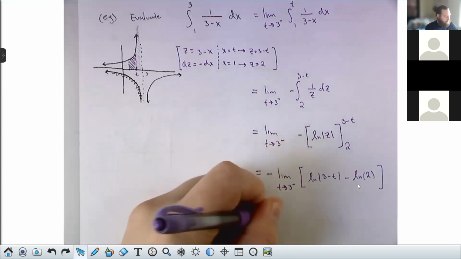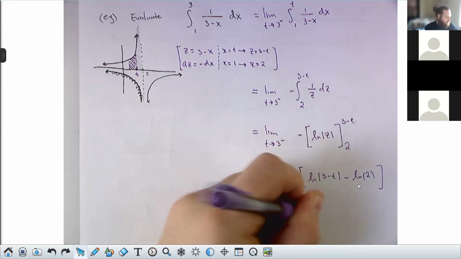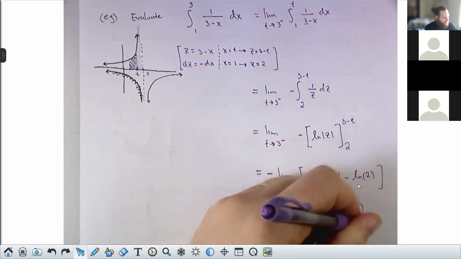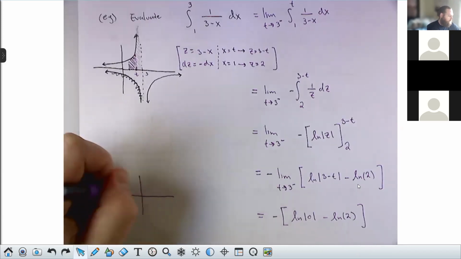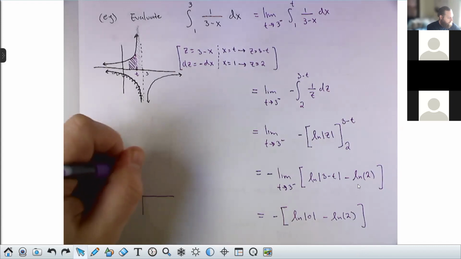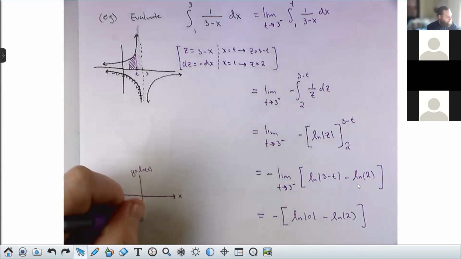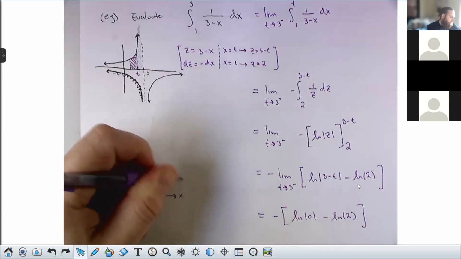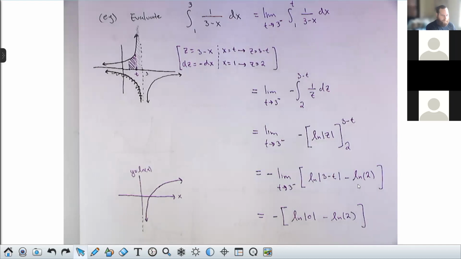Let me just plug this stuff in and we can write it down symbolically and then think about it. So this is going to be the natural log of the absolute value of 0 minus the natural log of 2. And if we think about what the graph of the natural log function looks like, I know from that test that some of us are very comfortable with the graph of the natural log, but not everybody.